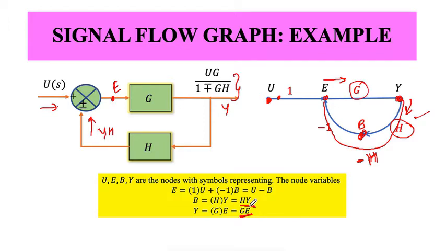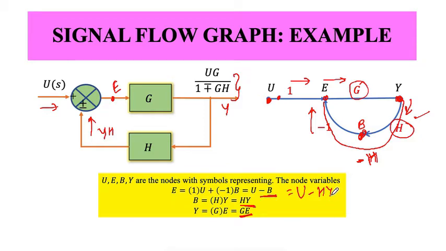So I am having GE. Then at E, I know that U is coming and something from feedback is coming. So E is 1 into U minus B. So it is U minus B. So you can write as U minus HY also.